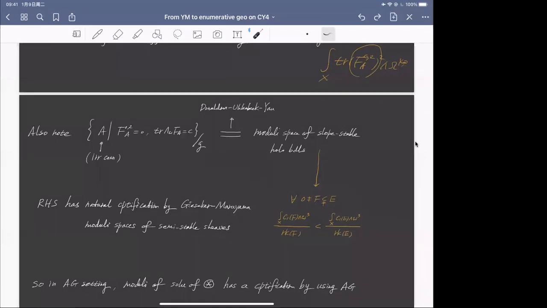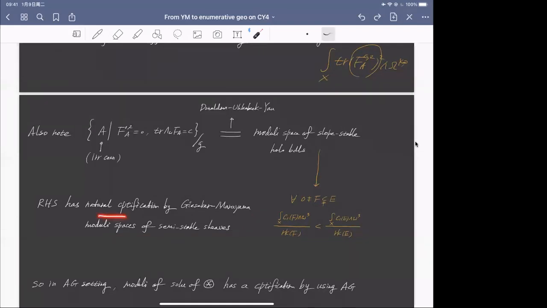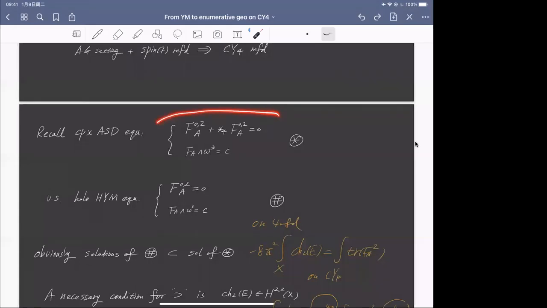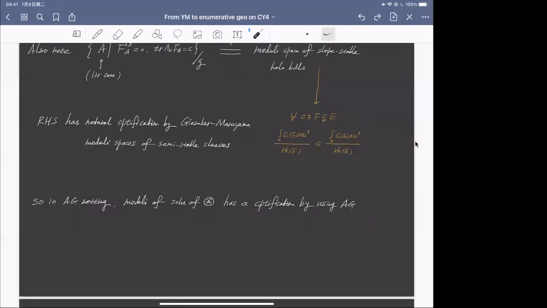I wrote it in one sentence here: it has a natural compactification by the Gieseker-Maruyama moduli space of semi-stable sheaves, whatever that means. So it has a nice algebro-geometric compactification. This means that in the algebraic geometry setting, the moduli space of solutions of the complex anti-self-dual equations we are interested in has a compactification using algebraic geometry. This is the way we get help from algebraic geometry.